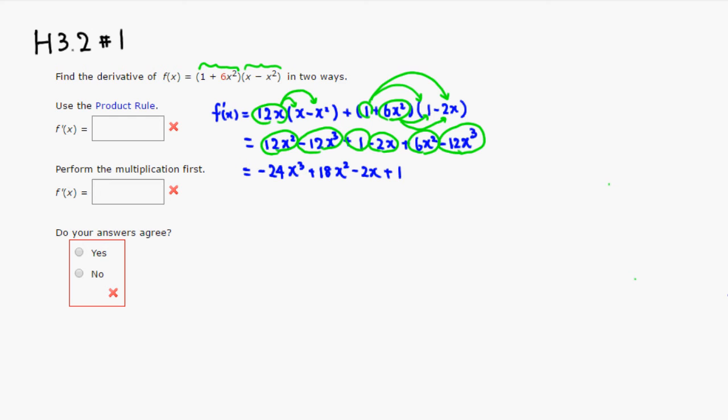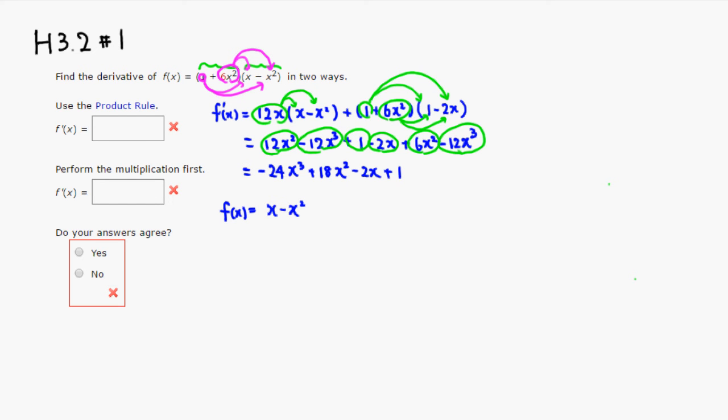Alright, let's do it the other way. We're going to multiply it out first, so before we take the derivative, we're going to just multiply it out. Let's distribute 1 to x and negative x squared, so you have x minus x squared, and then we distribute the 6x squared to x and the negative x squared.